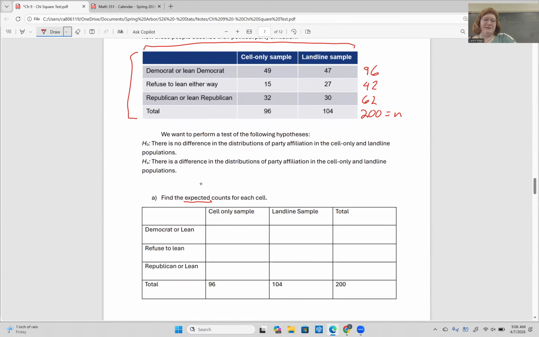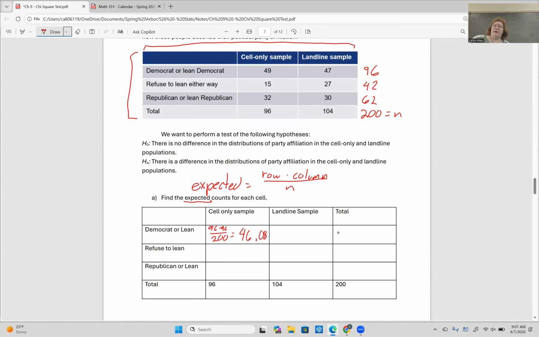We ignore the middle part of our table and use the row times column totals all over n. So 96 times 96 all over 200, which is 46.08.